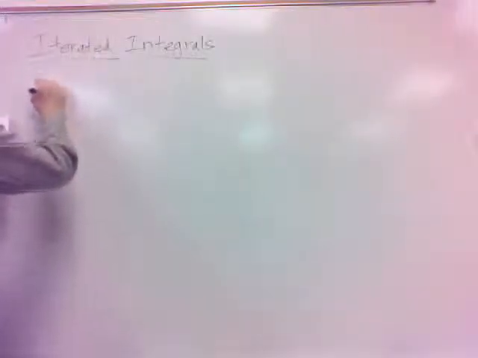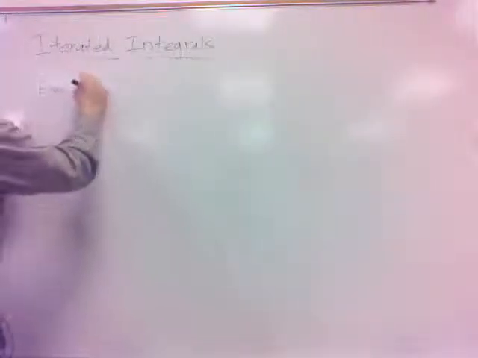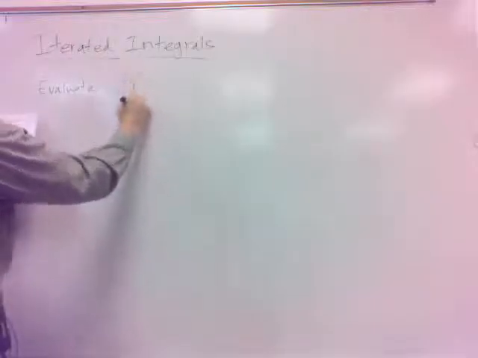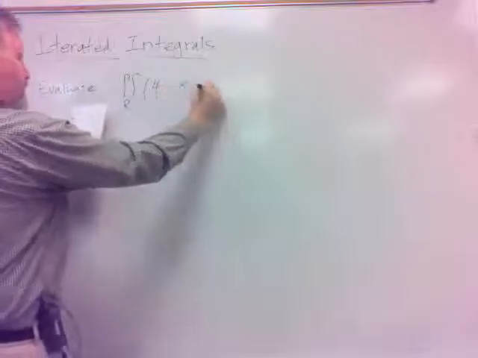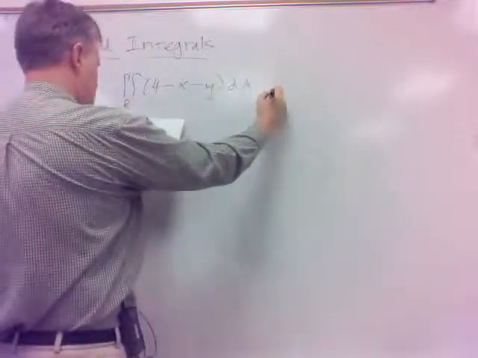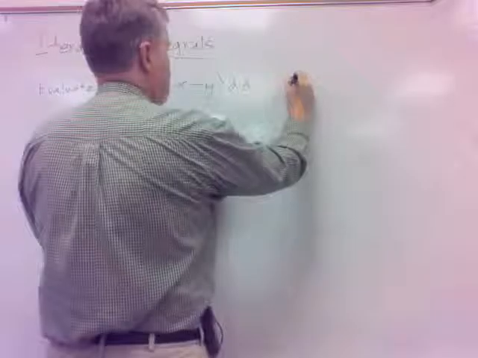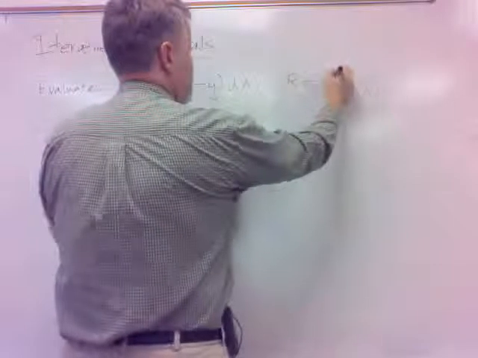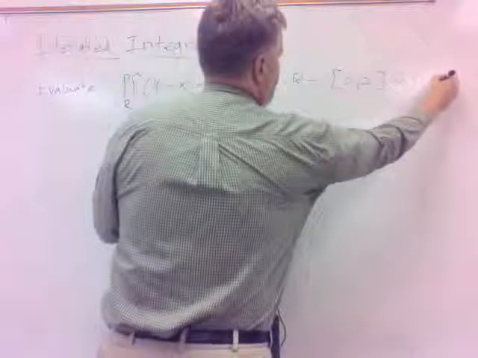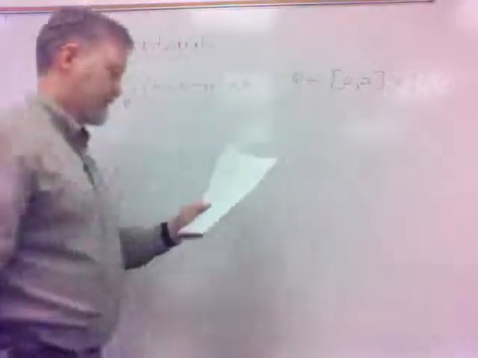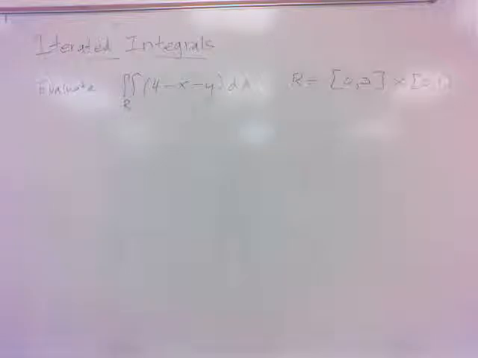All right, so let's evaluate the double integral over R of 4x minus y dA. R is 0 to 2 by 0 to 1.